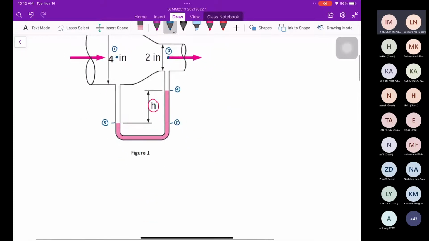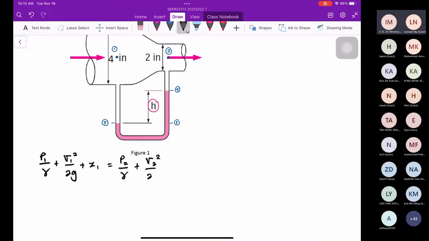So, how should I start? I start with P1 over gamma plus V1 squared over 2g plus Z1 equal to P2 over gamma plus V2 squared over 2g plus Z2.